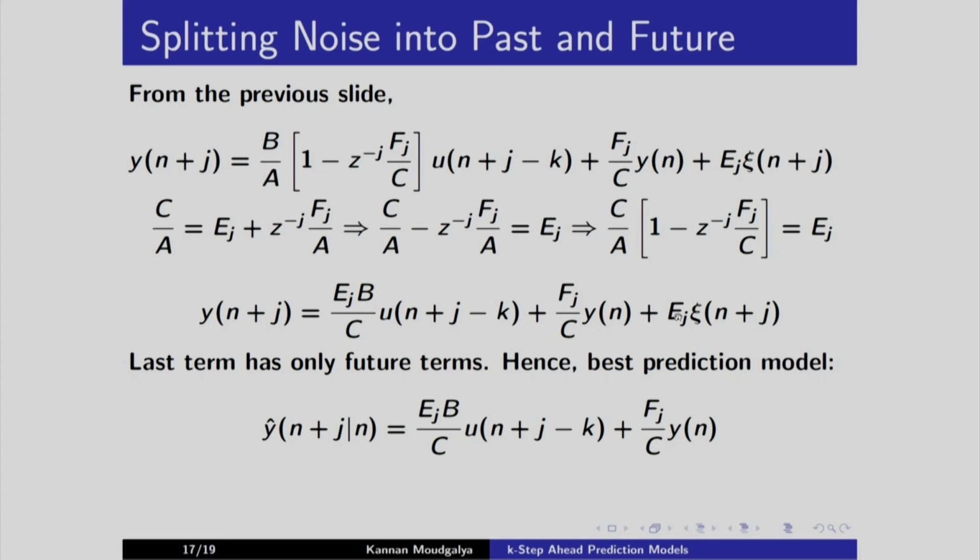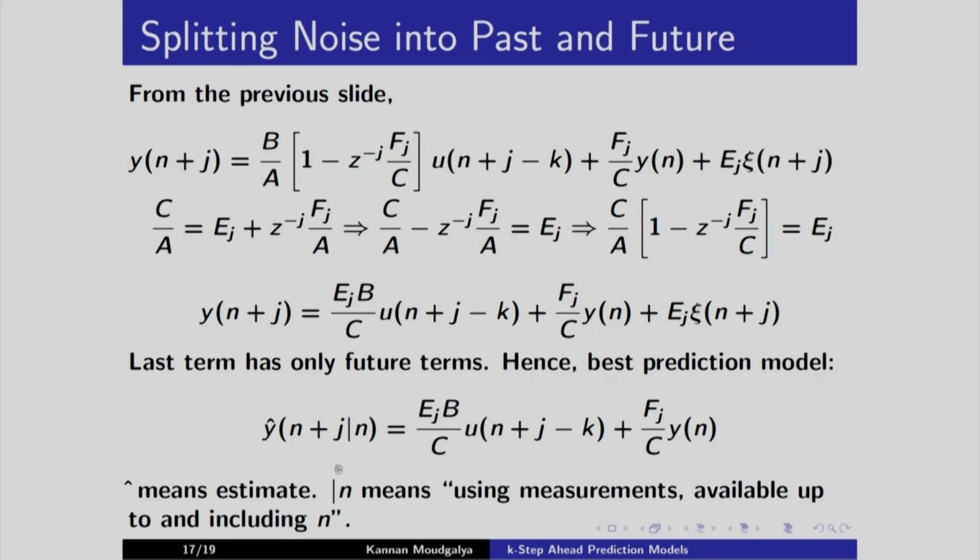Set it to 0, because these are all future noise terms, every element is white noise, so as a result it becomes 0, and this is the best prediction model. This hat means estimate, we have seen this usage before. Vertical line n means using measurements available up to and including n.